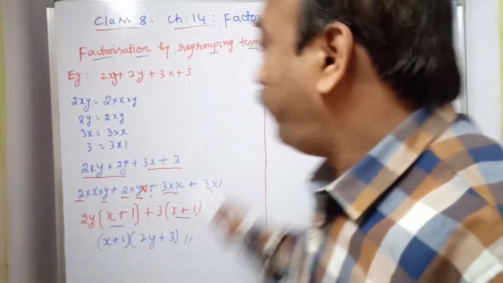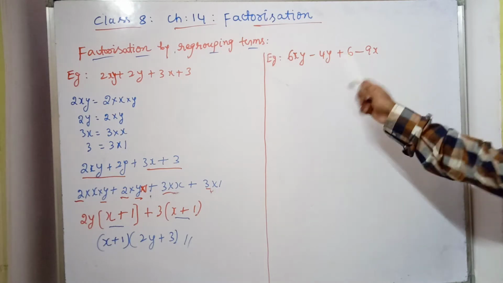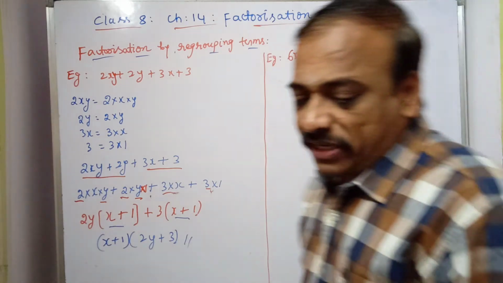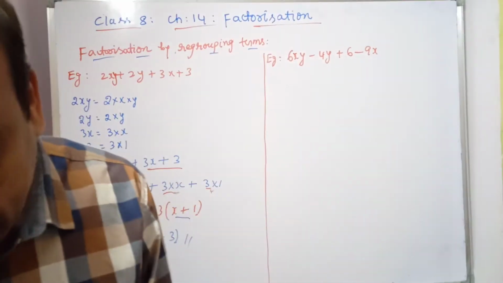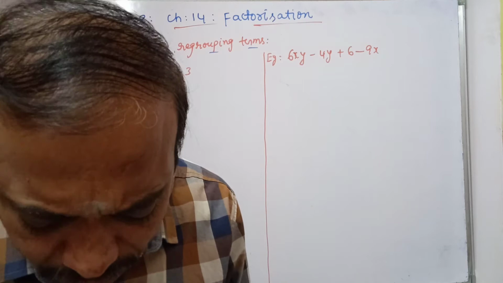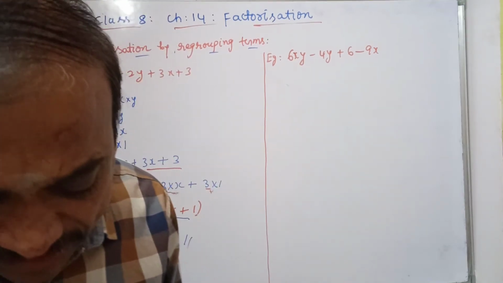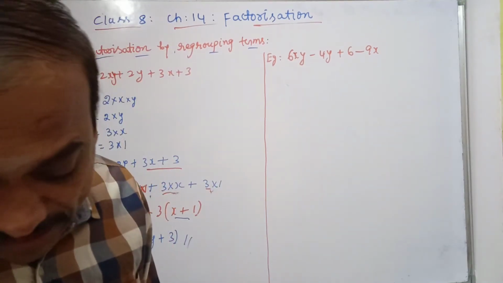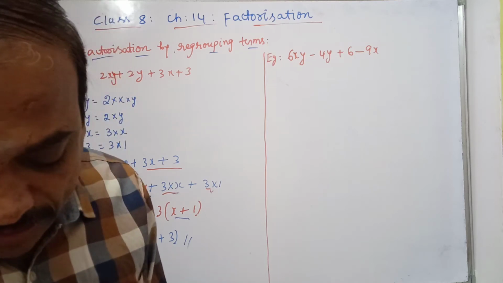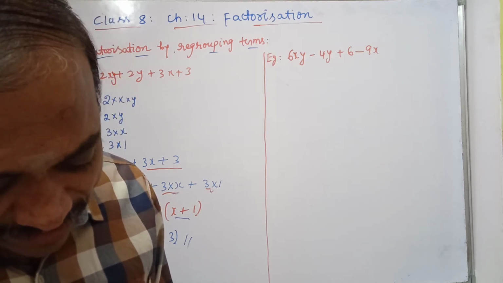If it is not possible to take out common factors first, then we need to rearrange the terms. Once again I read the question: factorize 6xy minus 4y plus 6 minus 9x.